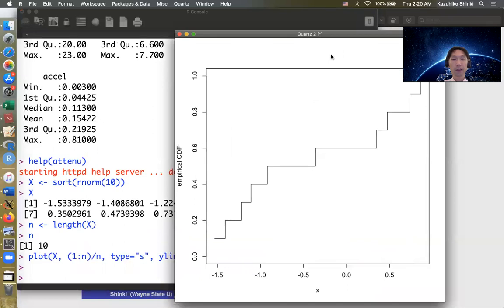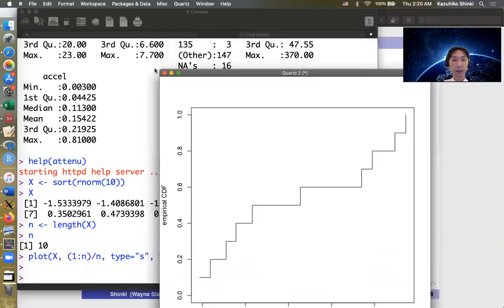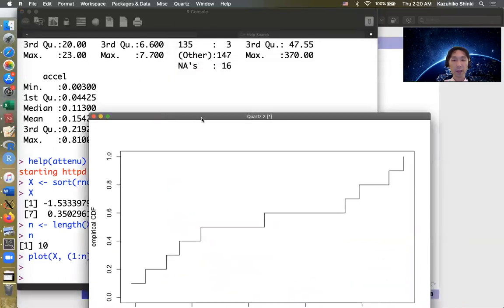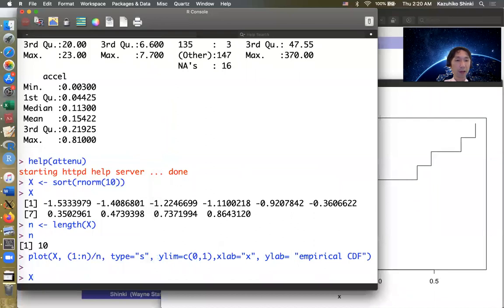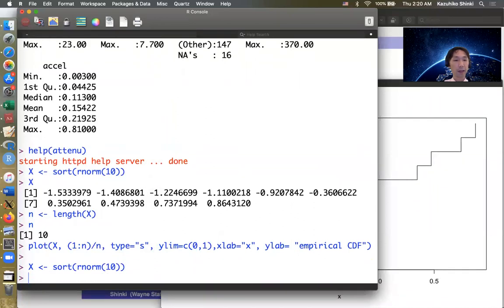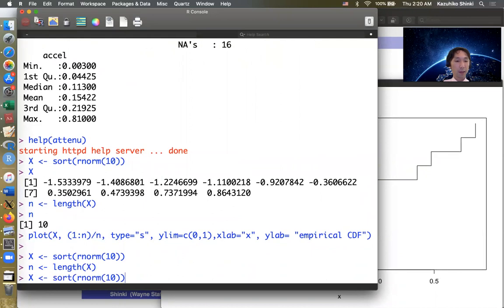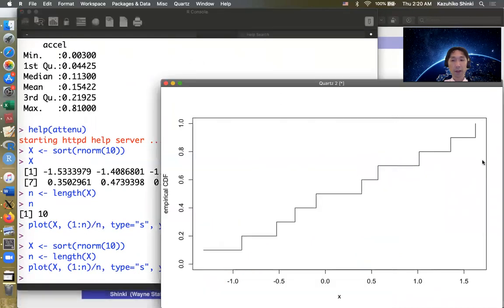Then we can get this. Actually, this changes from time to time. So this is the one we get. But if we define x again and plot, it will be a slightly different one.